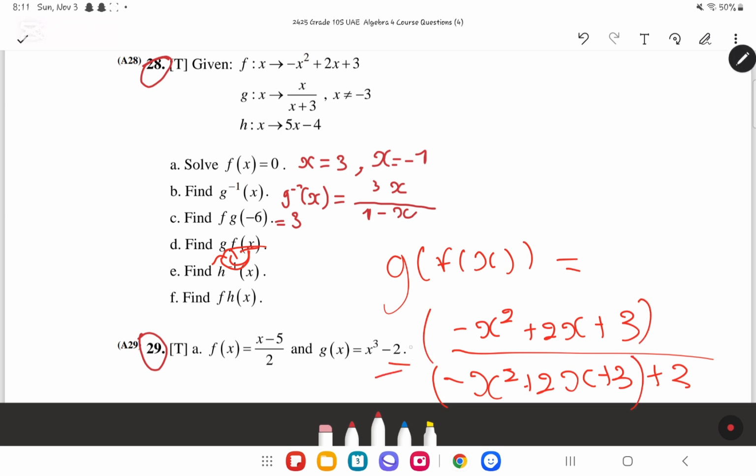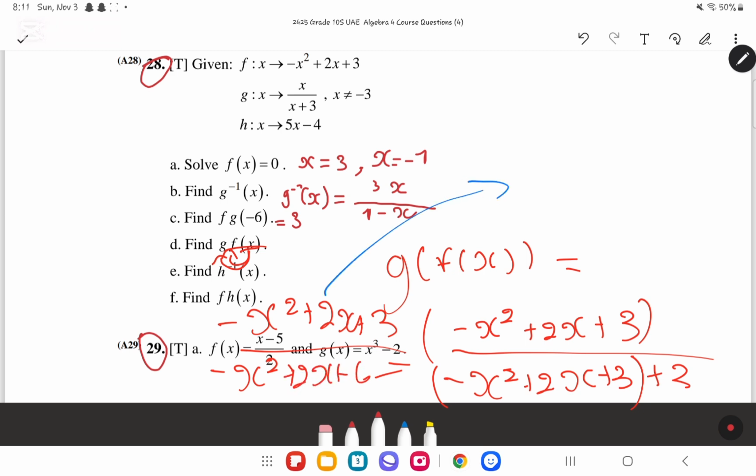So then when you solve it, you are going to get minus x squared plus 2x plus 3 over minus x squared plus 2x plus 6. You can either leave it like this, or you can make the x squared a positive number by multiplying it all by negative, and then it will become x squared minus 2x minus 3 over x squared minus 2x minus 6.